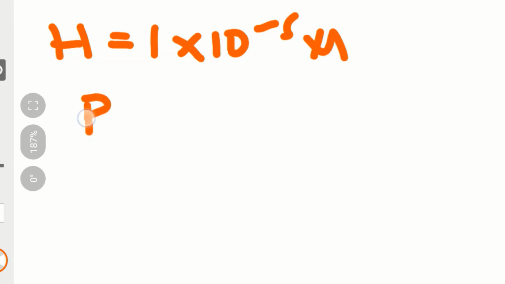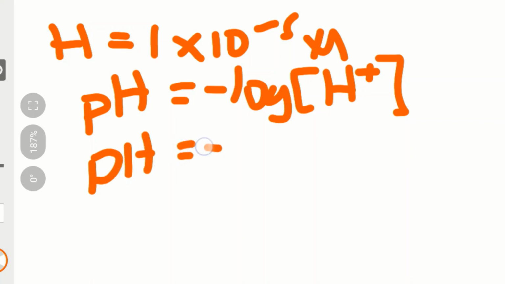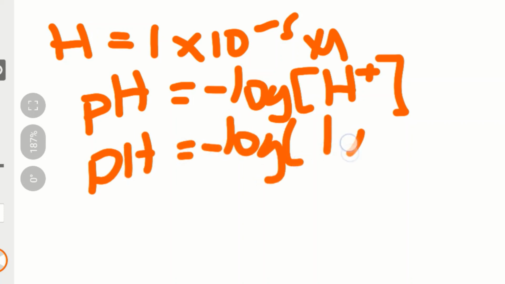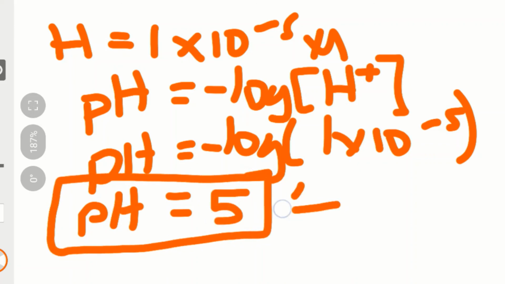And the formula for your pH would be negative log of the concentration of your hydronium or hydrogen ion. So your pH is just negative log 1 times 10 to the negative 5. And when you input that in your calculator, you will derive that your pH is 5. Therefore, this formulation is acidic.